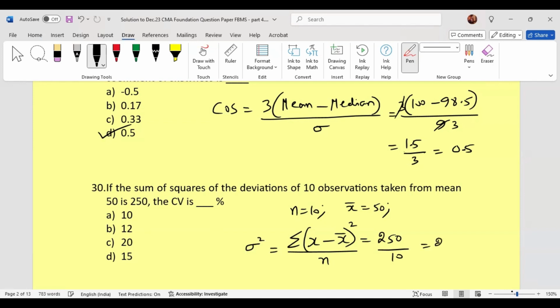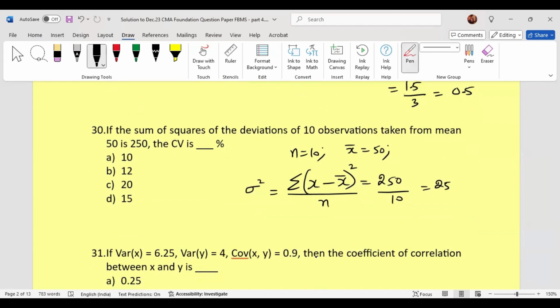So variance we get to 25, 250 by 10, which means our CV in percentage, which is standard deviation by arithmetic mean multiplied by 100. So standard deviation is square root of variance. Square root of 25 is 5 divided by 50 multiplied by 100. We get 10%. So the option is A.